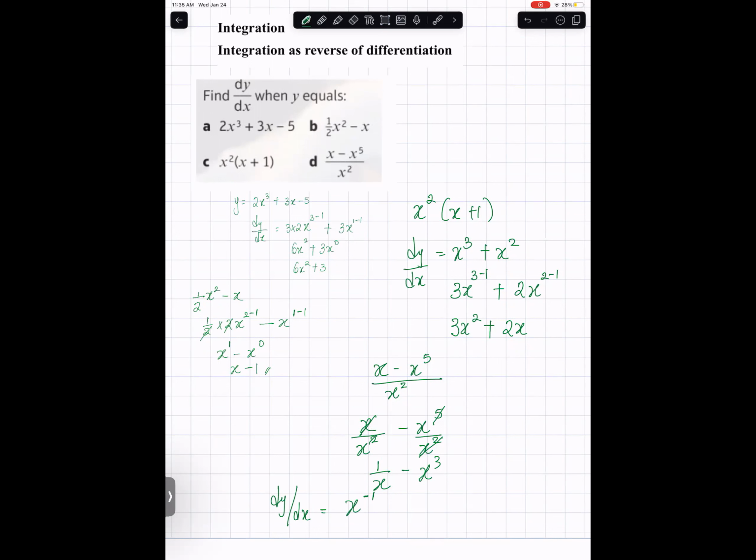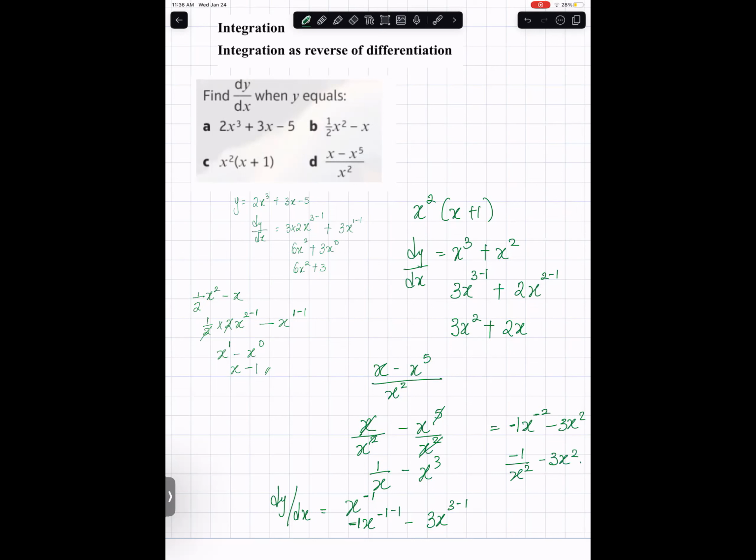That gives us minus 1 multiplied by x to the power of minus 1 minus 1, then minus 3x to the power of 3 minus 1. So we have minus 1x to the power of minus 2, then minus 3x squared. So this gives us minus 1 over x squared minus 3x squared.